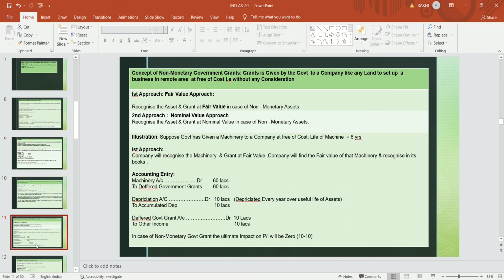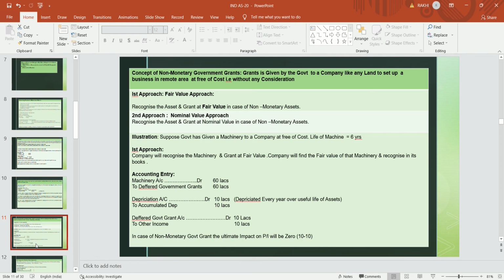The first approach in case of non-monetary grants is the fair value approach, and the second approach is the nominal value approach. The fair value approach is this: suppose the government has given any kind of land or machinery to the company without any cost, without any monetary consideration.